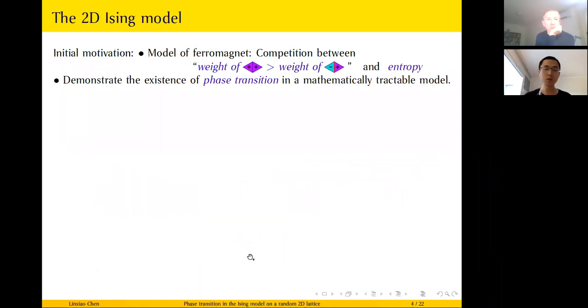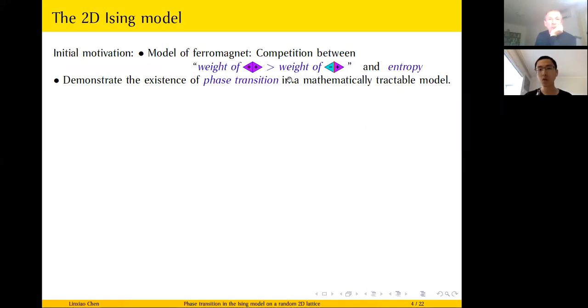The initial motivation to study this model is that it is a very simple, yet rich model of a ferromagnet. It describes a sort of classical competition between order and disorder in statistical physics.